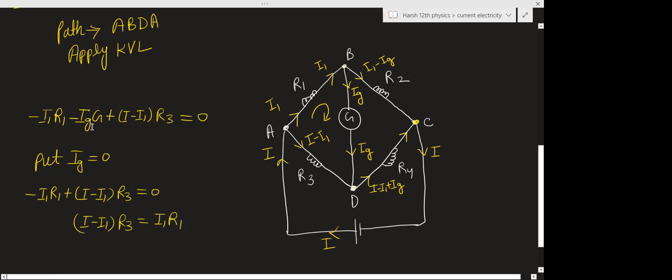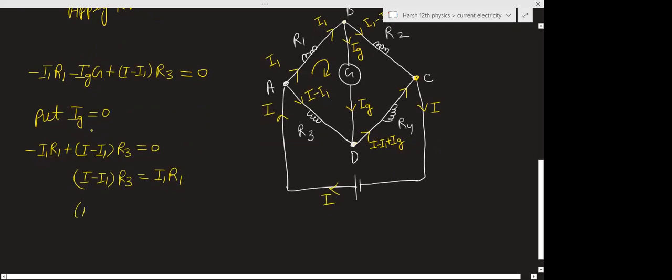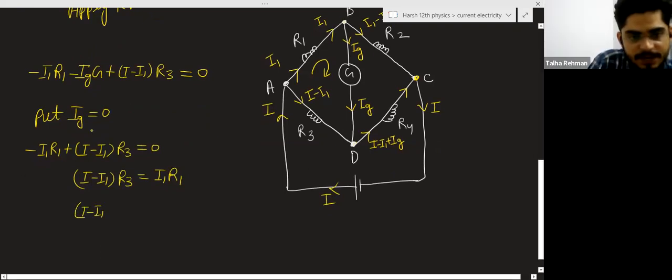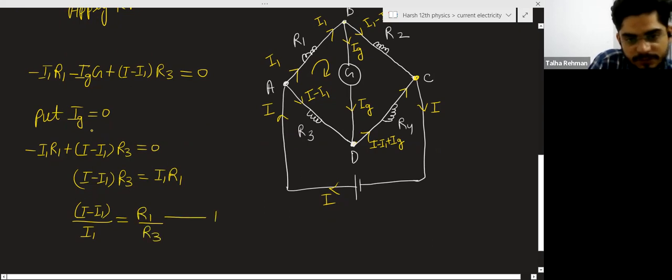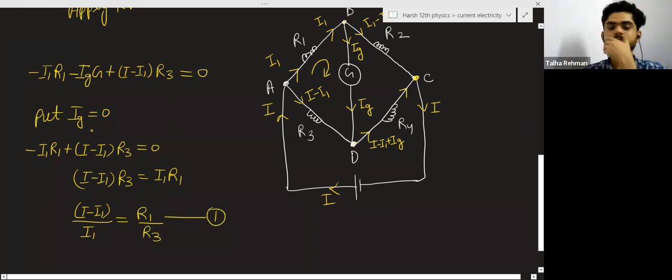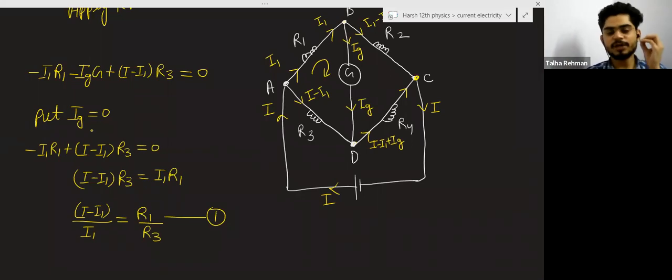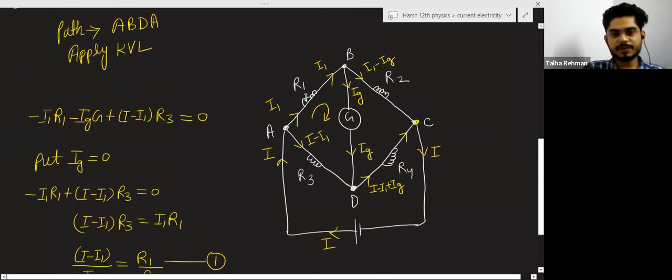So from here you can get I minus I1 divided by I1 is equal to R1 divided by R3. This is equation 1. We have got this equation when we applied the KVL in this loop.